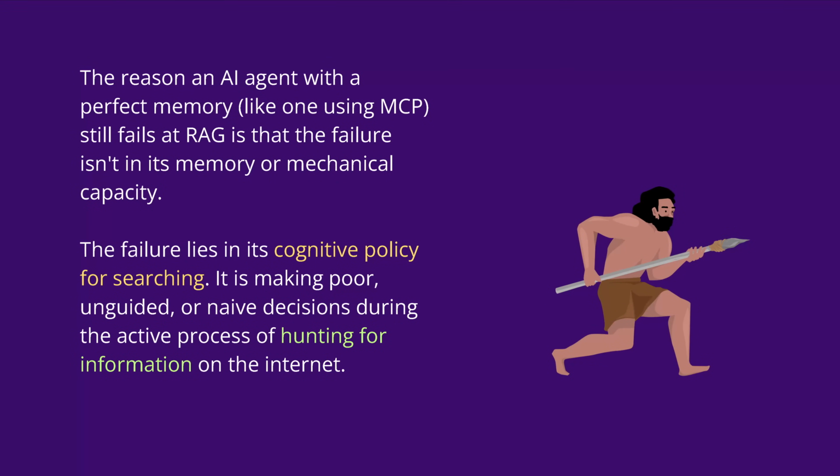So therefore, the reason an AI agent, a really intelligent agent with a perfect memory like one using MCP, still fails at RAG, in whatever form of RAG you have, is that the failure isn't in its memory or in the mechanical capacity of the model. The failure lies in its cognitive policy for searching.